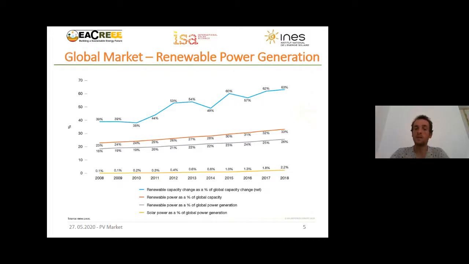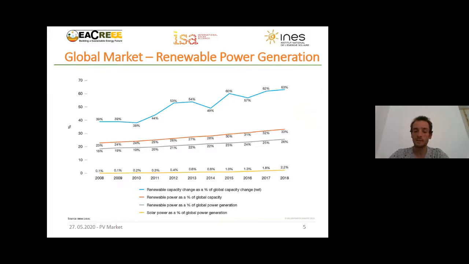So with time, and with the reduction of cost in most renewable systems, we are now able to install more renewable capacity each year than fossil fuel capacity. That was for the blue curve, which gives you interesting inputs on the global market.